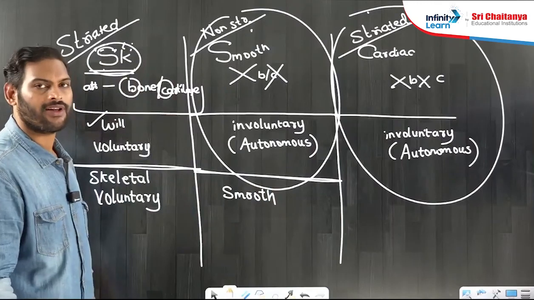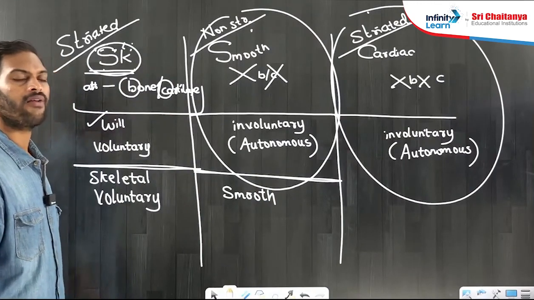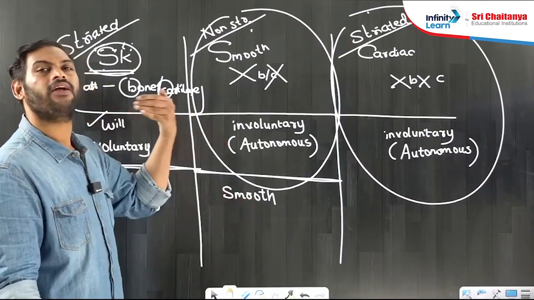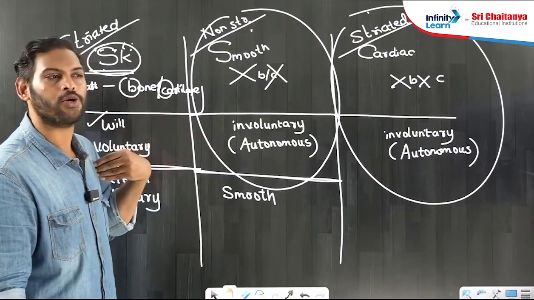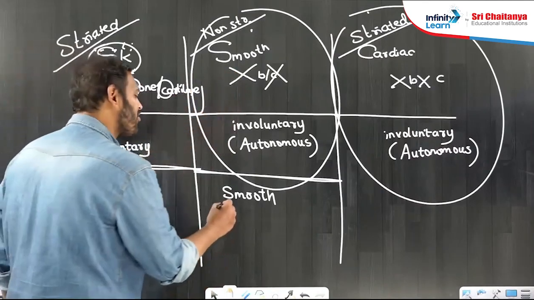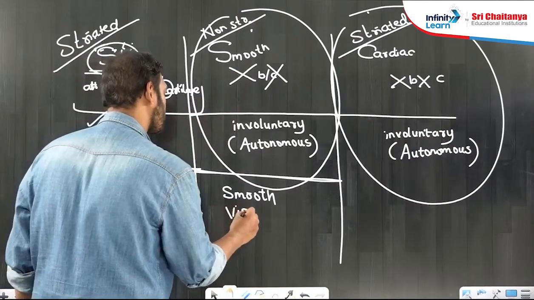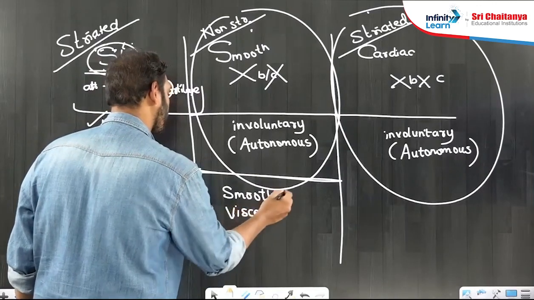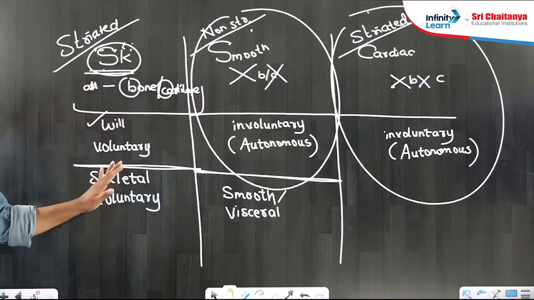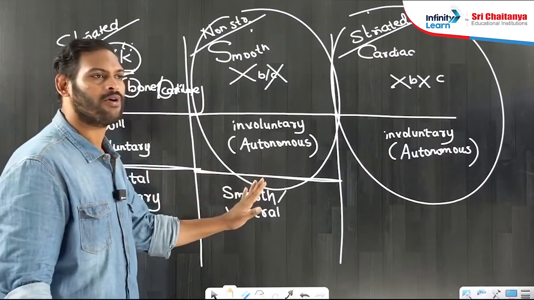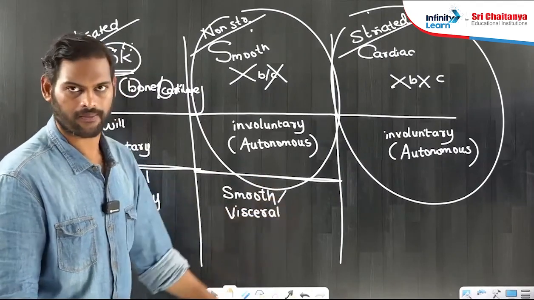If we say involuntary here, that leads to some confusion. Therefore, as these muscles are found inside your body tissues, we can also call smooth muscle visceral muscles. So skeletal is voluntary muscle. Smooth muscle is also called visceral muscle.